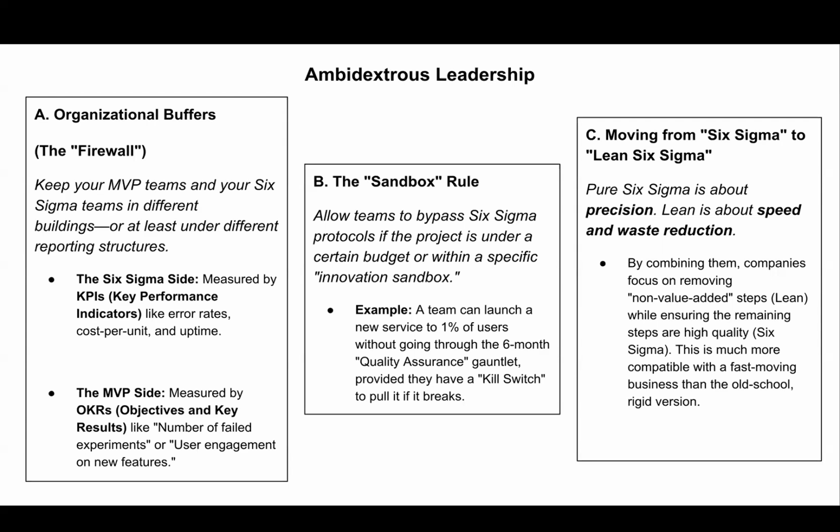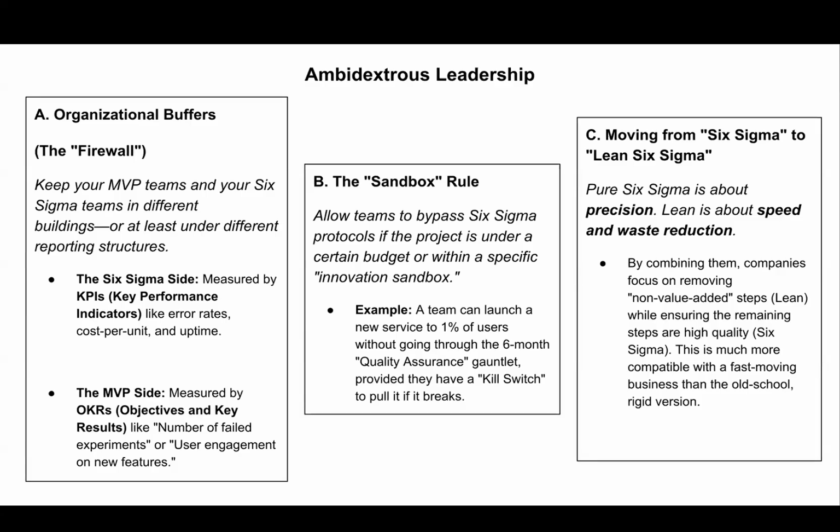And so you can try a product launch with MVP to a small percentage of users. So it's like your pilot, right? And you're just going to let it go. Let's see what happens. But then you've got the quality assurance gauntlet. It has to be passed through later, and as long as you have this in the sandbox, if you have a way to kill the project, it's called a kill switch, then it's okay.